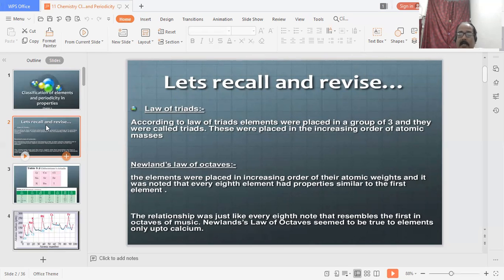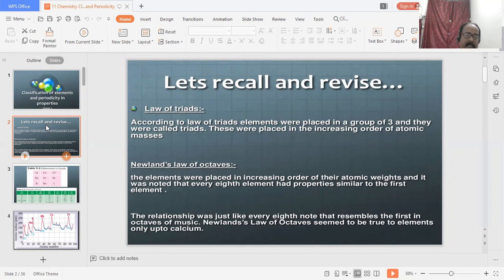And according to this law, the properties of elements number 1 and 8, 2 and 9, 3 and 10, 4 and 11, 5 and 12, 6 and 13, and 7 and 14 are similar.